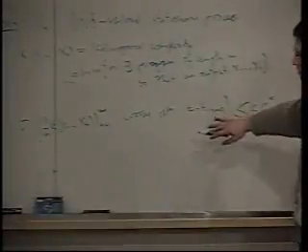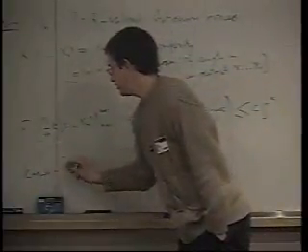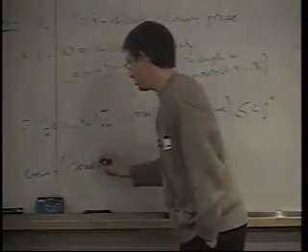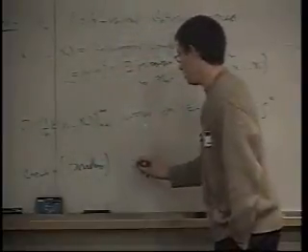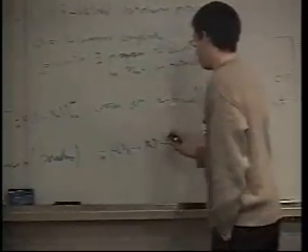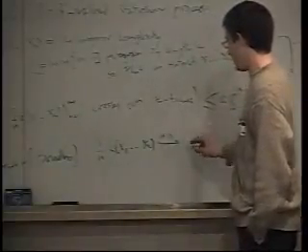What's known since the early 1980s, this is a paper by Brudno, is that 1 over n k of x1 to xn converges almost surely to the entropy of the process.